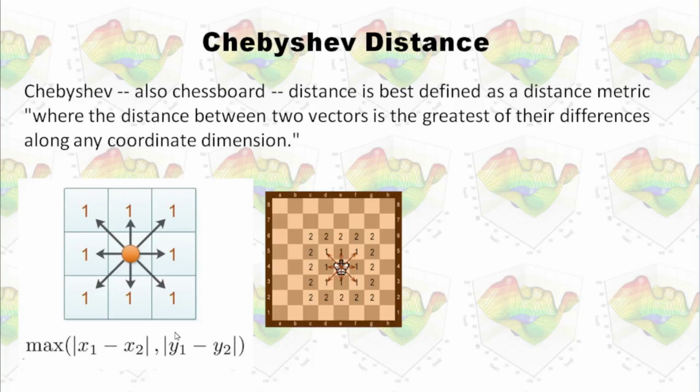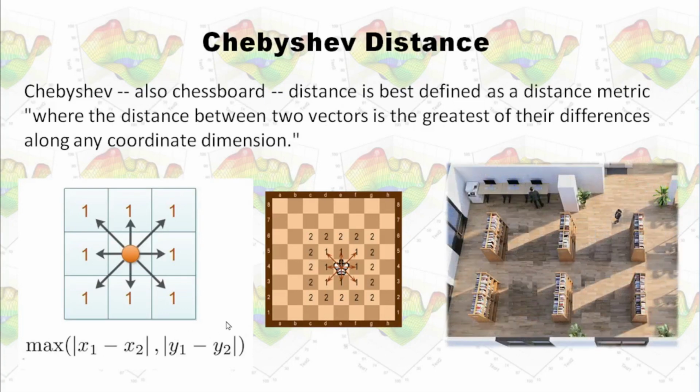You may understand Chebyshev distance this way. Imagine you are in a library and your friend is standing here. There are a lot of bookshelves blocking your view because they are very tall.